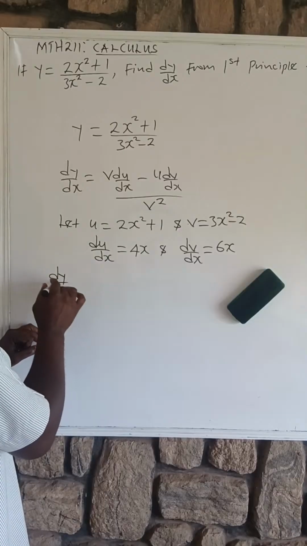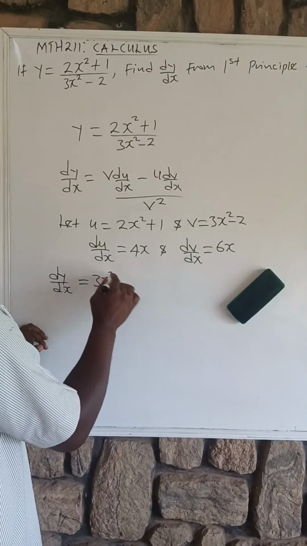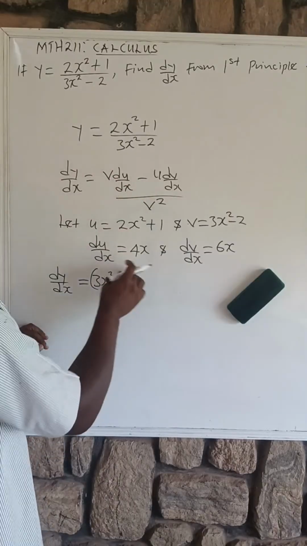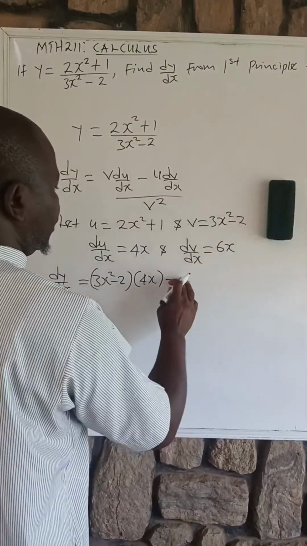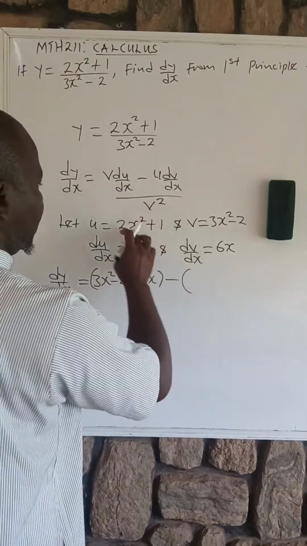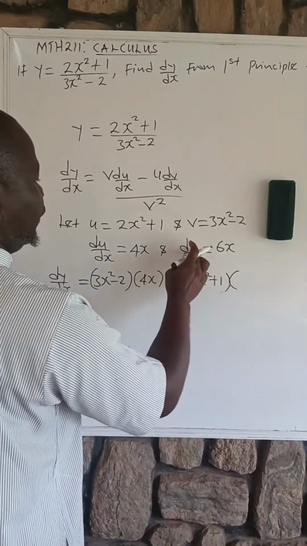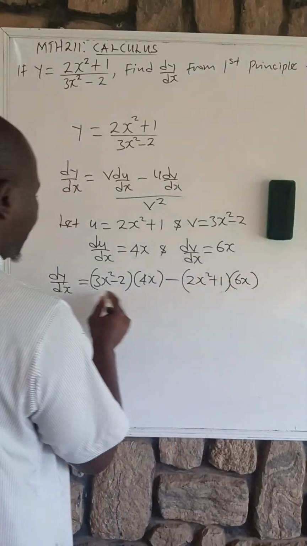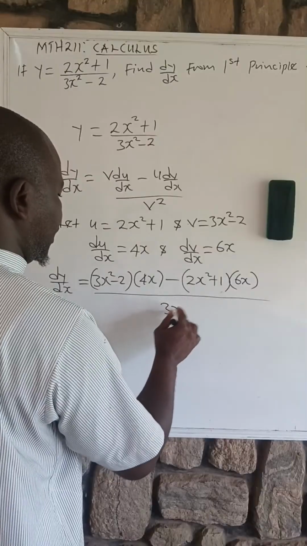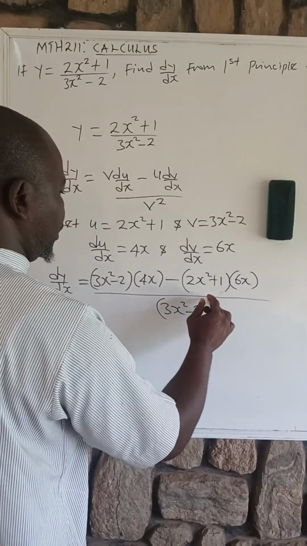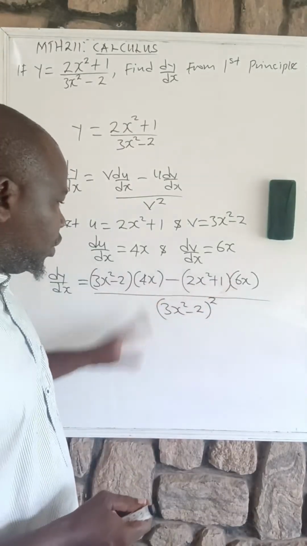That is, dy over dx equals v, which is 3x squared minus 2, times du over dx, which is 4x, minus u, which is 2x squared plus 1, times dv over dx, which is 6x, then all over v squared, which is (3x squared minus 2) raised to the power of 2. This is what you are supposed to have.